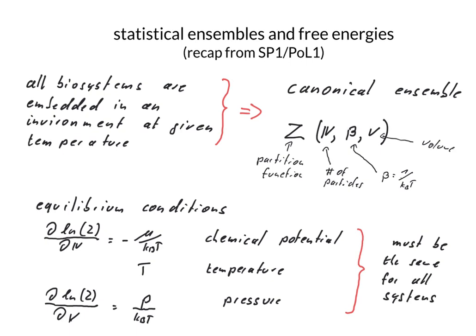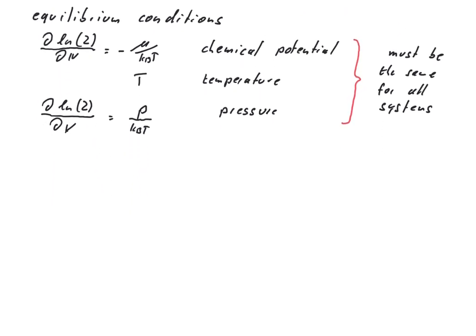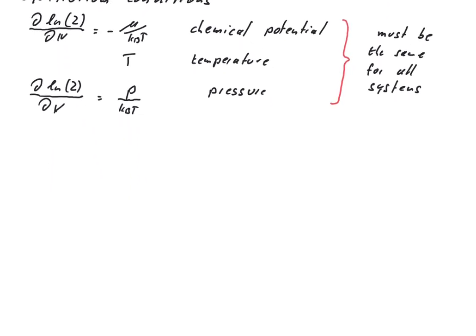Now, let's look into an example that is important also in the topic that we will discuss in the following, and the example is the ideal gas. The ideal gas is a gas of particles that do not interact. The partition function of an ideal gas we calculated many times.